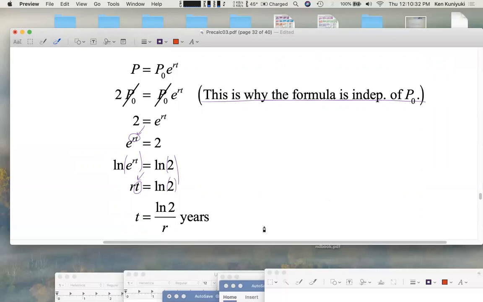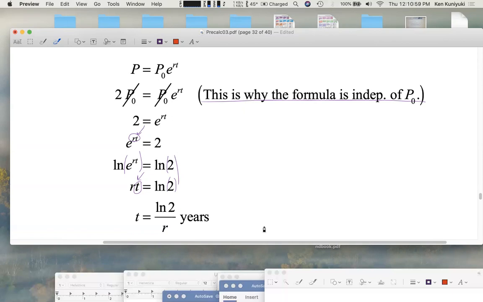Again, I say nominal because you actually make a bit more after 1 year than r would suggest. Well, let's say that you invest $1 in this bank, and Bill Gates or Jeff Bezos invests $1 billion. How long will it take for your dollar to double to $2? And how long will it take Bill Gates or Jeff Bezos's $1 billion to double to $2 billion?